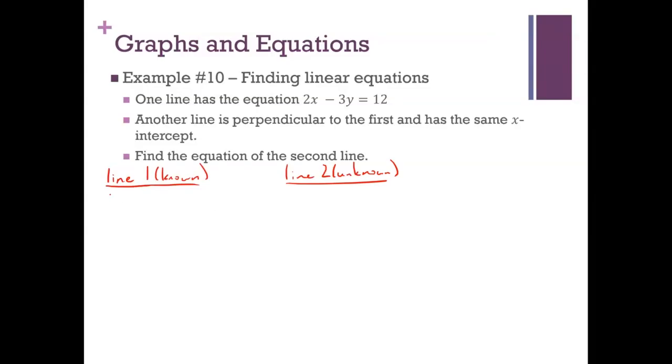So I know line 1 has this equation, 2x minus 3y equals 12. And I know they are perpendicular this time. So that's what that little upside down T looking symbol means.